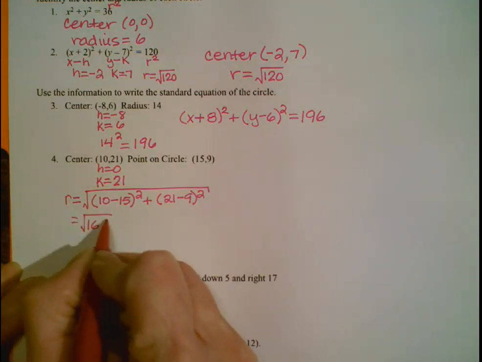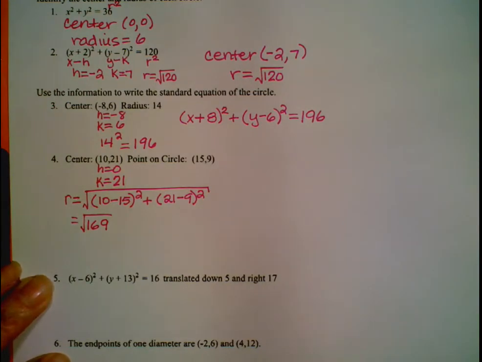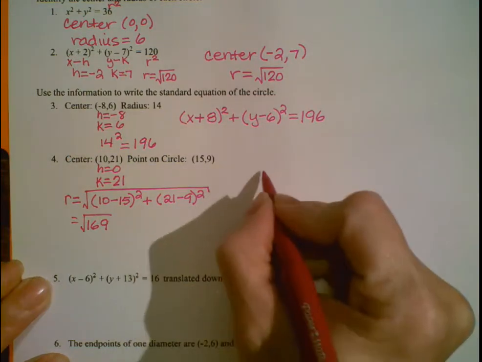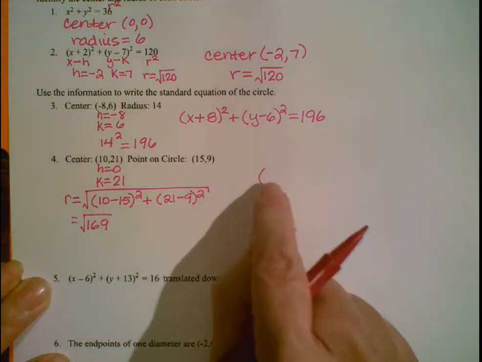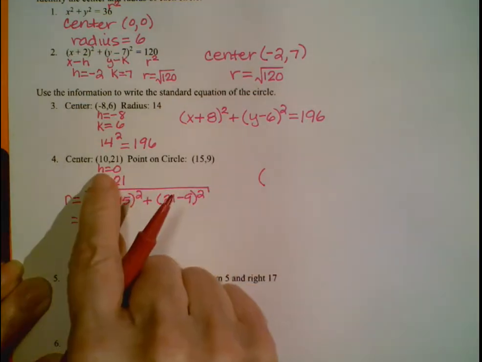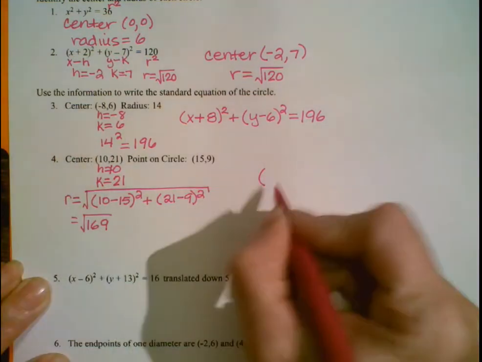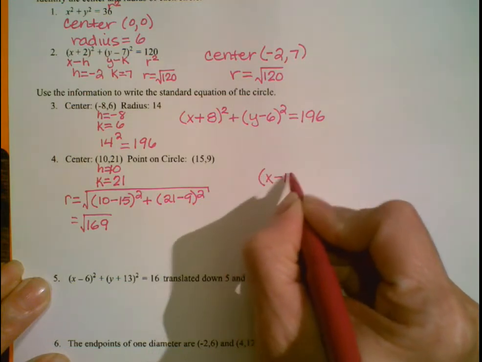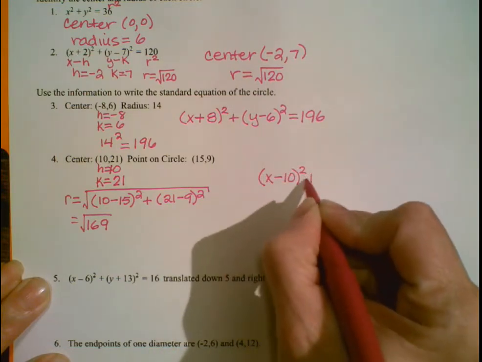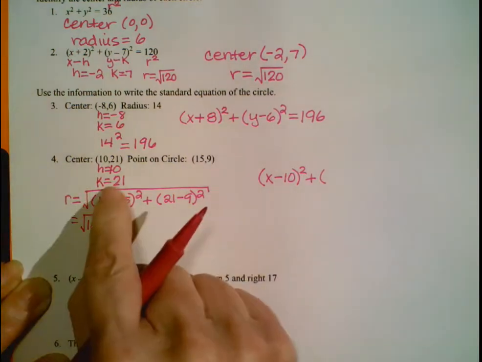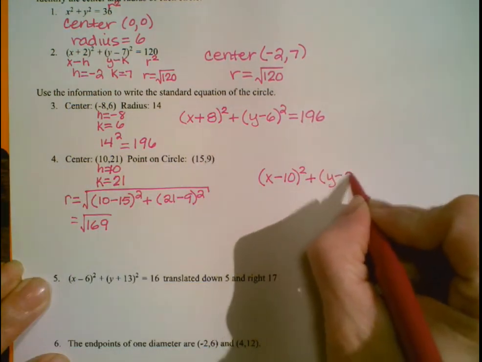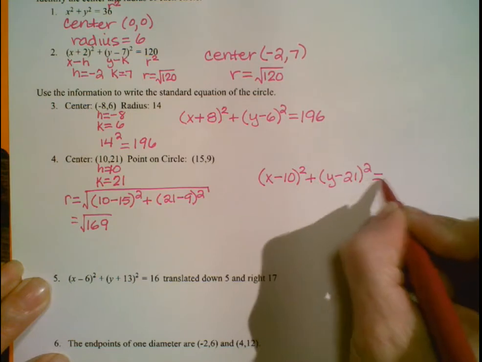Now, in some cases, the square root will be a nice, pretty whole number. Other cases, it's going to end up being just a square root. When that's the case, leave it as a square root. It's not going to matter. Reason why: in our equation, for the standard form of a circle, we take x minus h. So in this case, x minus 10, quantity squared, plus y minus k, y minus 21, quantity squared, equals r squared.